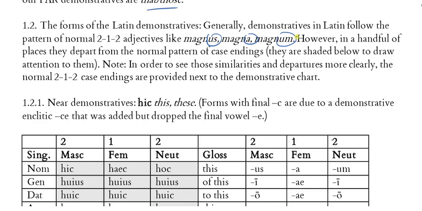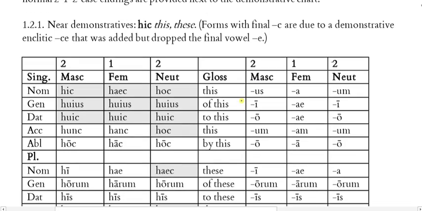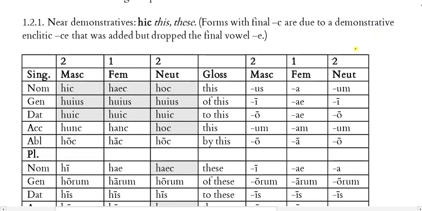And what I've also done, just to help you, in case you're still working on memorizing your case endings, or at least if you don't have the ability to visualize them in your head, I want you to see the case endings that are normally 2-1-2, and how they demonstrate where the demonstrative departs from those case endings. And so let's start with the near demonstrative, hic, meaning this or these.